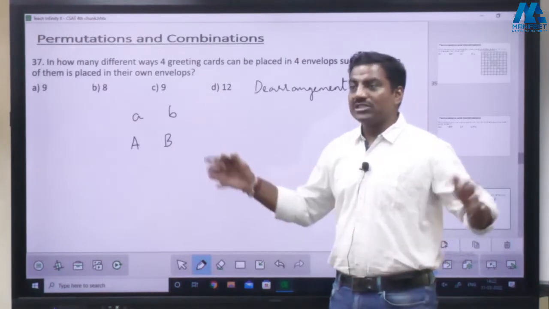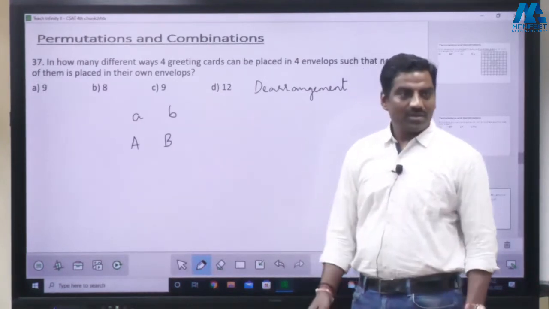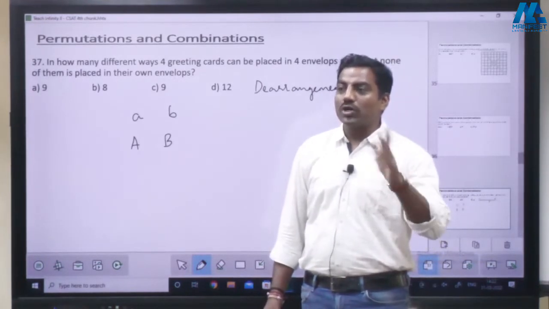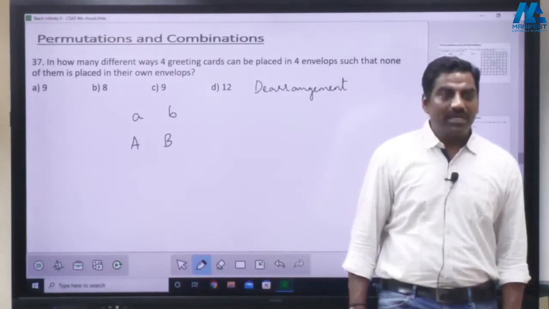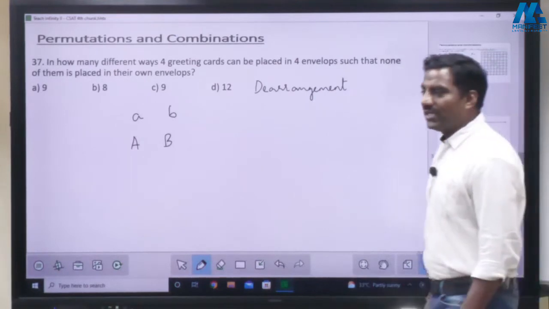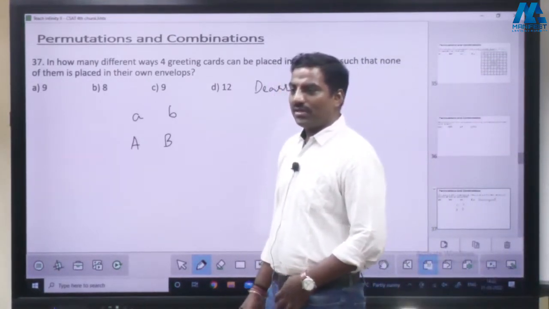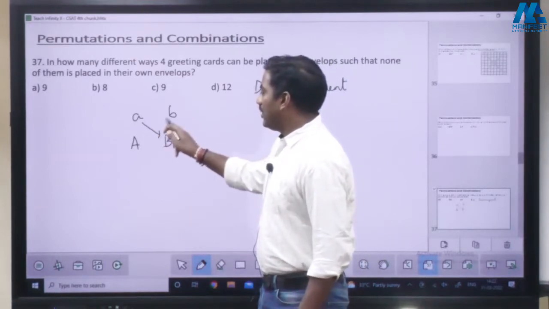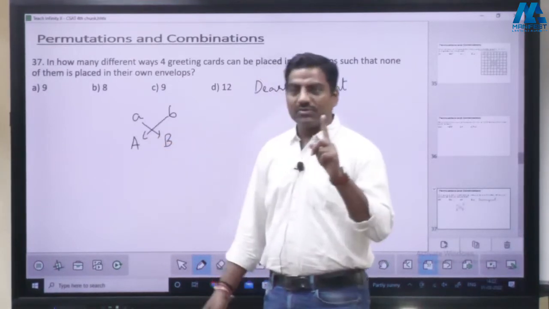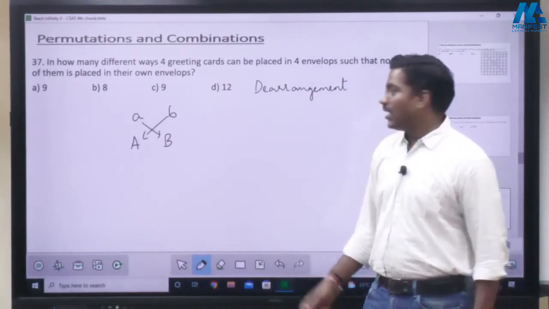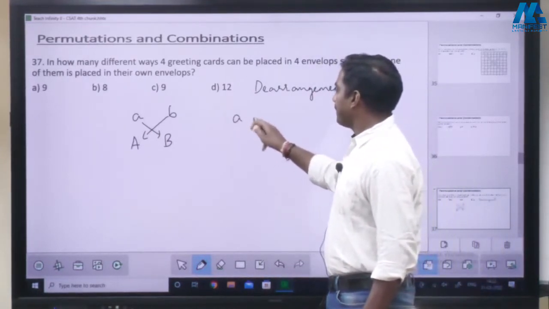Dearrangement means you have to disturb the entire thing. A should not go into envelope A. B should not go into envelope B. So how many ways we can disturb? 1 way or 2 ways? A will go to B and B will go to A. Only 1 way.